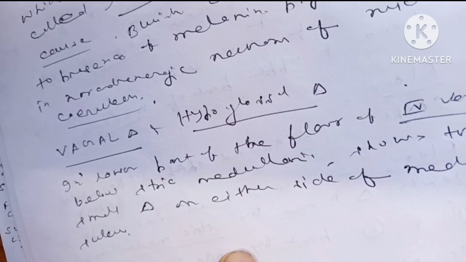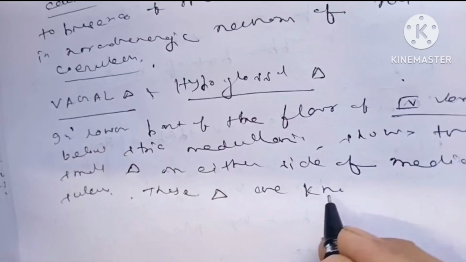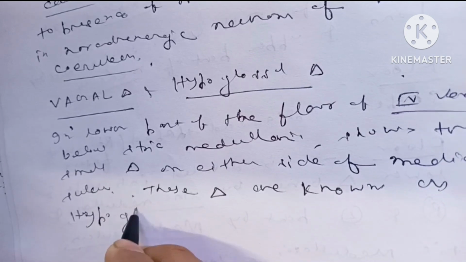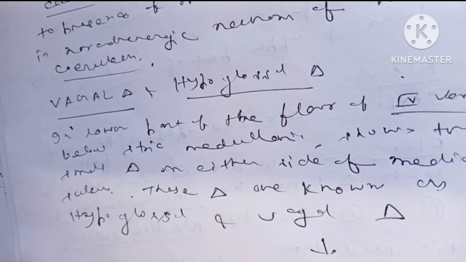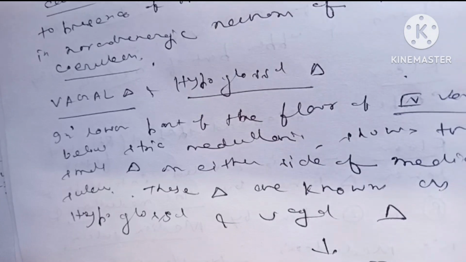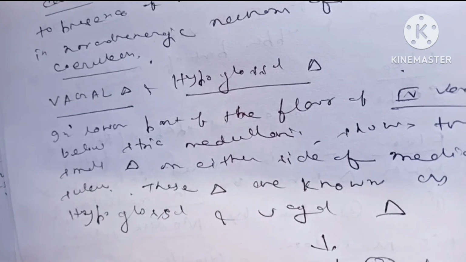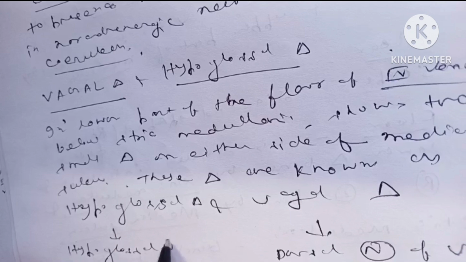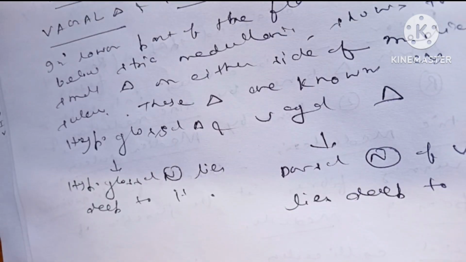These triangles are known as the hypoglossal and vagal triangles. The dorsal nucleus of the vagus lies deep to the vagal triangle, and the hypoglossal nucleus lies deep to the hypoglossal triangle.